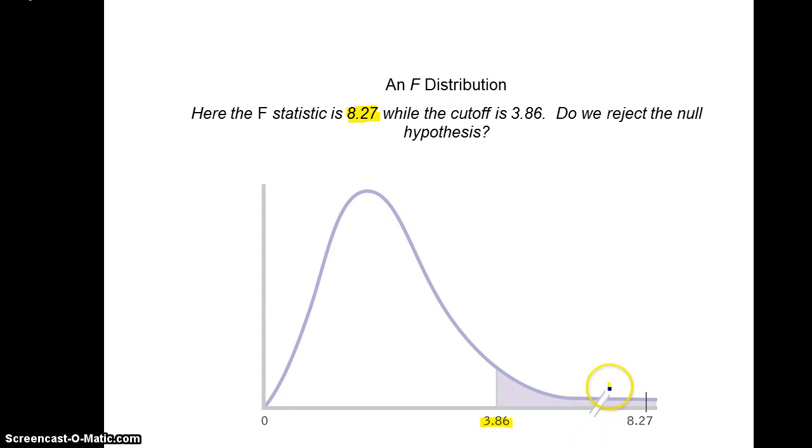And these little slash marks here indicate that it just keeps going because, again, remember this is an asymptote. It doesn't actually hit 0 on the x-axis over here. So we have 8.27. And it is in that shaded region, which means that we do indeed reject the null hypothesis and conclude that somewhere among those groups there is a statistically significant difference.